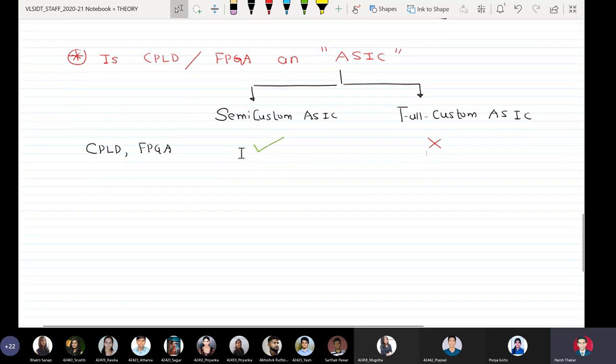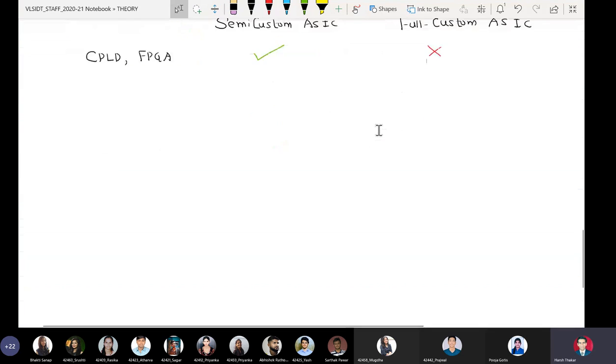The reason is that in a full custom ASIC, you can customize everything, right from the number of transistors to the propagation delay to the area which is occupied on the chip. In semi-custom ASIC, you have freedom, but not complete freedom.